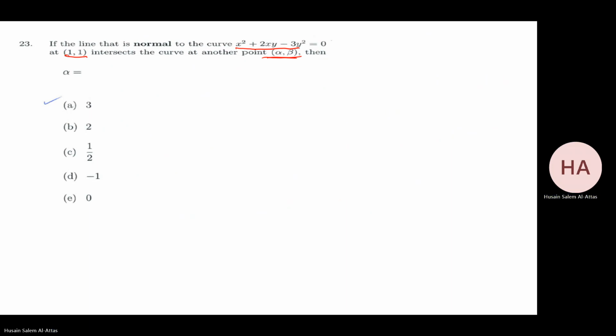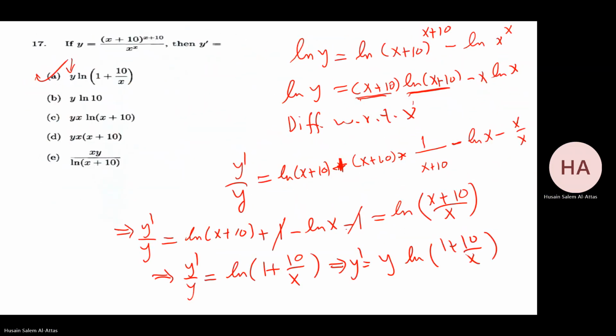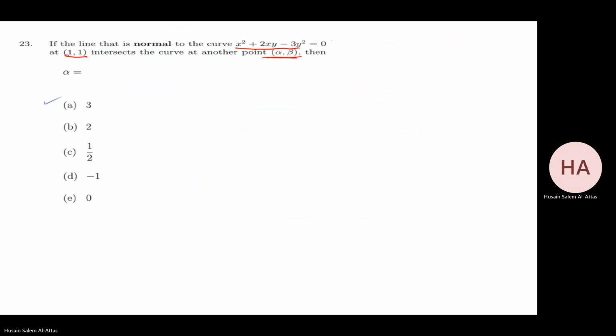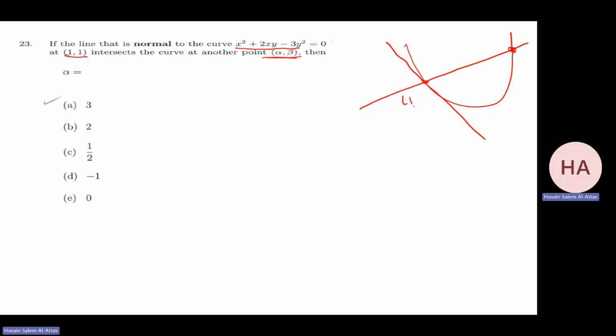As we said before, we have a curve and we have a tangent line here, where the normal line intersects the curve at another point. I need this other point. I have this one and one. This is A and B. I defined A and B.